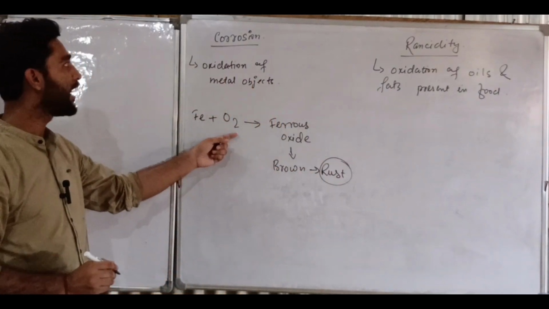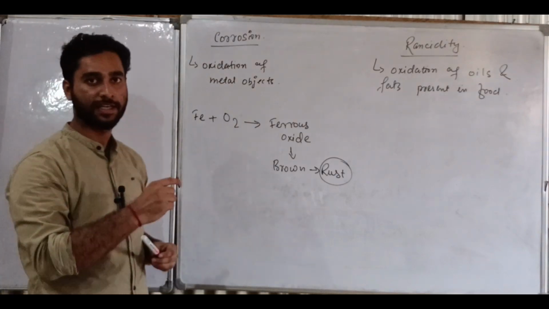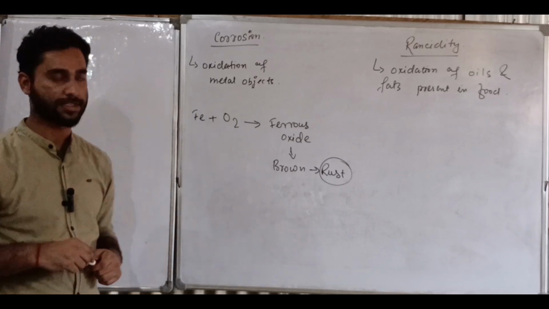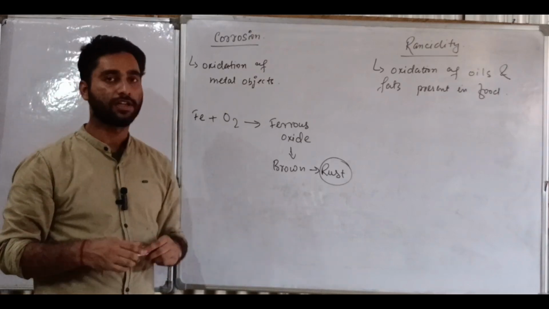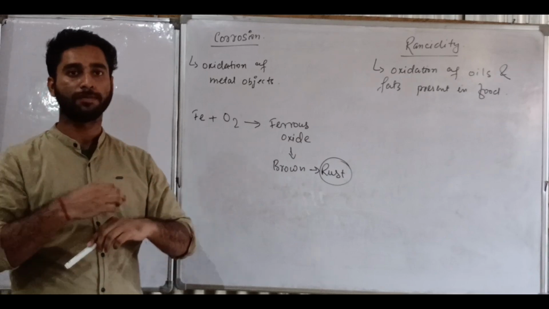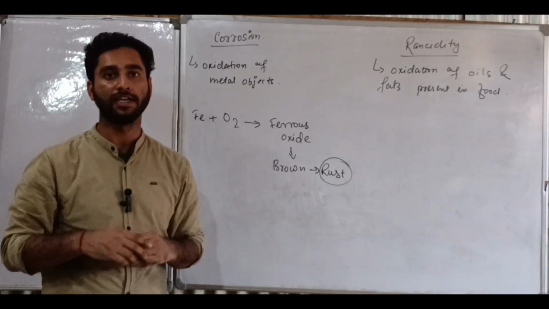This layer is called rust. So the rusting of iron is also an example of corrosion, or we can say the corrosion of iron specifically is known as rusting. Then copper objects are brown in color, and sometimes we see copper objects get coated with a green layer.